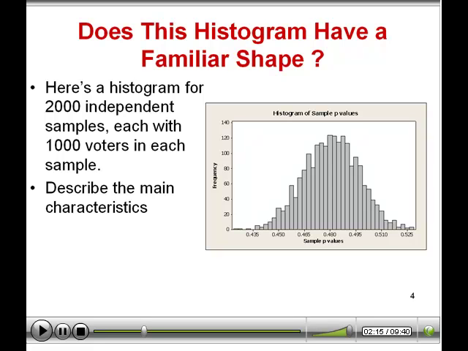It has a familiar bell shape, with most of the samples reporting a proportion of about 48%. There are a few samples that reported only 42 or 43% favoring Senator Kerry, and a few reporting as much as 52 or 53%. Essentially, all of the proportions fell in the range from 42 to 53%.